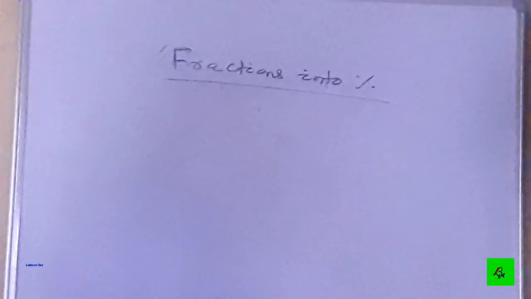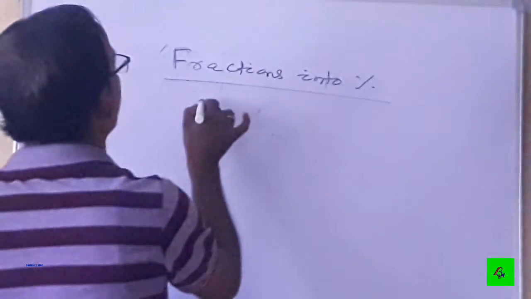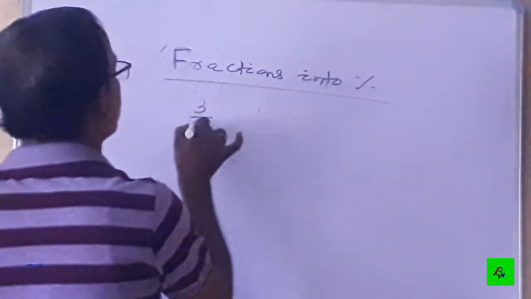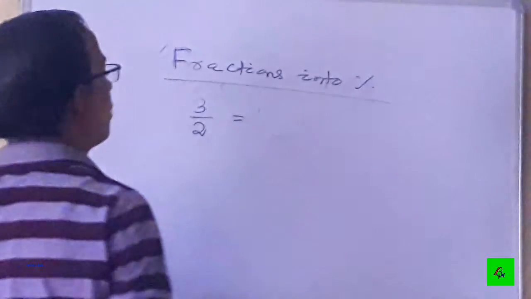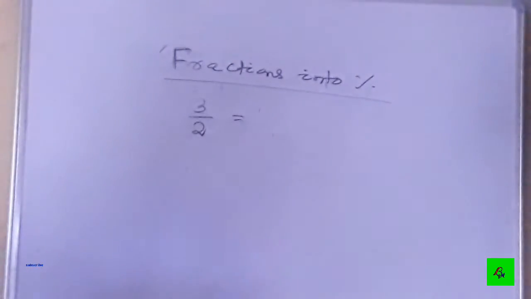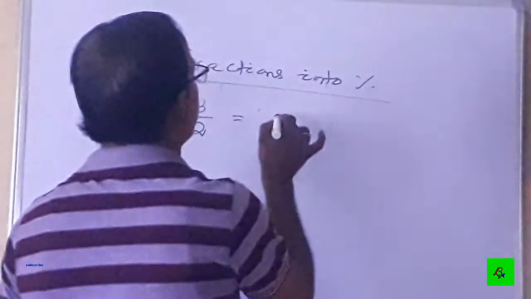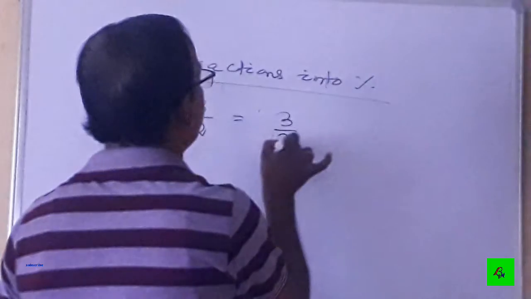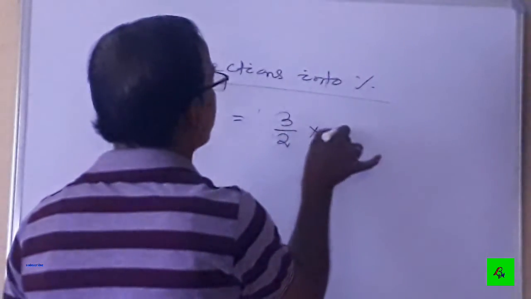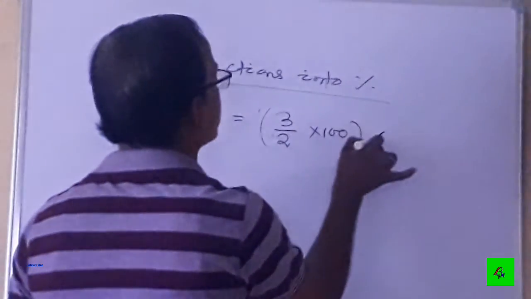Suppose one fraction is given, 3 by 2. 3 by 2 is the fraction, but how to convert it into percentage? 3 by 2 equals, the direct step is 3 by 2 into 100, that's the percentage.